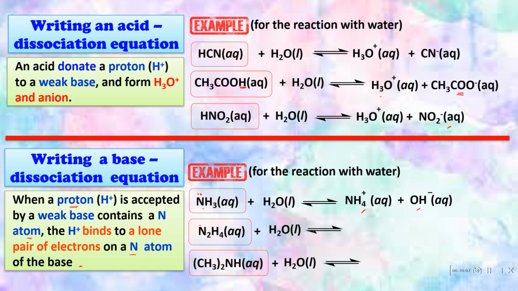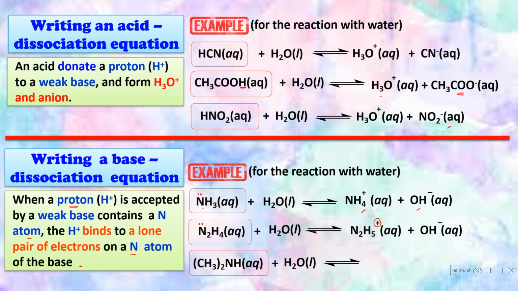The same thing goes for this one. The nitrogen atom has a lone pair and will accept a proton from H2O, and the number of hydrogen atoms increases, so it becomes N2H5 plus, because it accepts a proton, and OH minus.